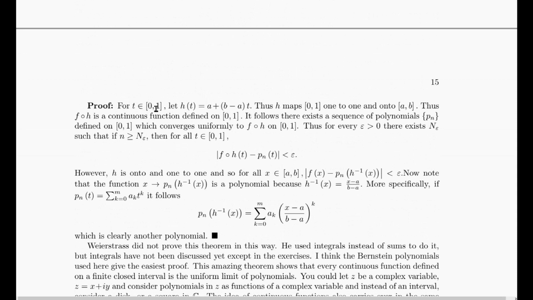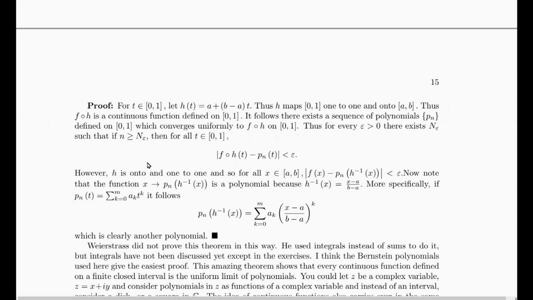For t an element of [0, 1], let h of t be a plus (b minus a) times t. So h maps [0, 1] one-to-one and onto [a, b]. So if I look at f composed with h, it's a continuous function defined on [0, 1]. So there's a sequence of polynomials p sub n that converges uniformly to f composed with h on [0, 1], like so.